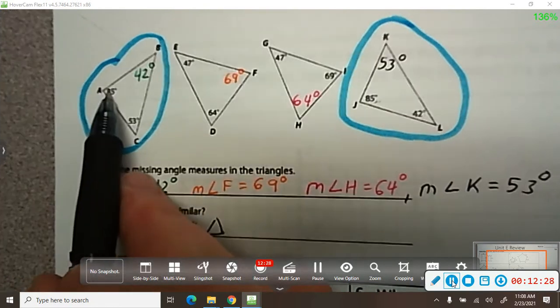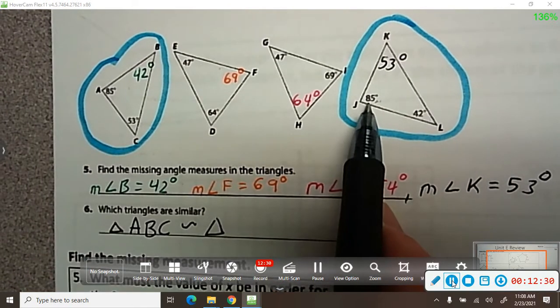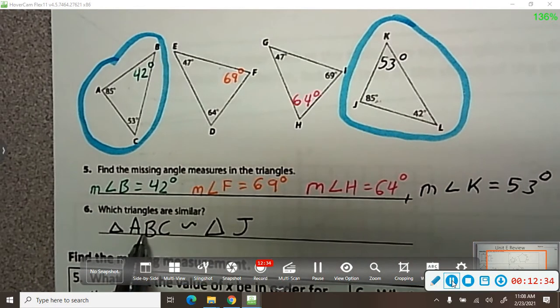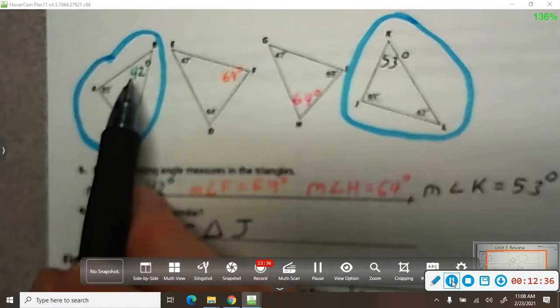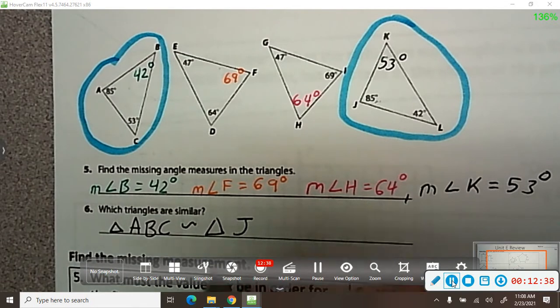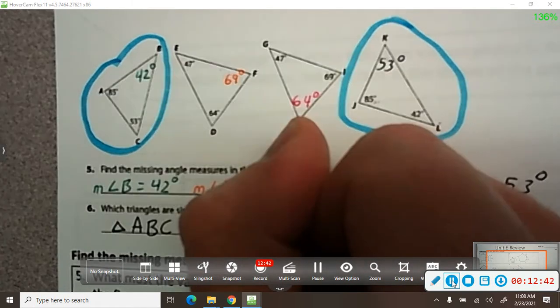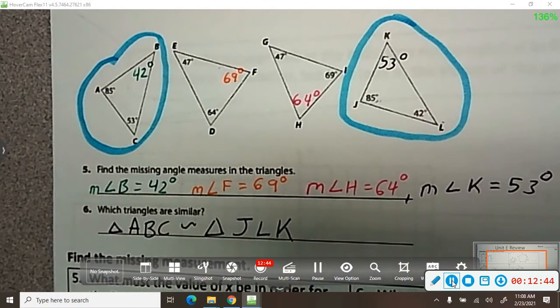So if I start at 85 degrees, I need to start at 85 degrees here, so I need to put J first. And then I went to B, which is 42, so I need to go to L next. J, L, and then K. So those are similar.